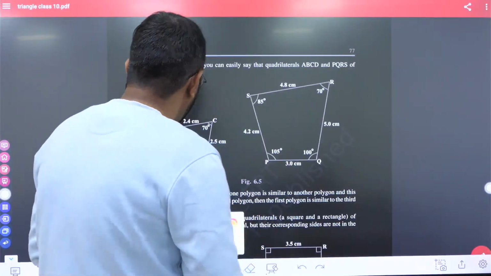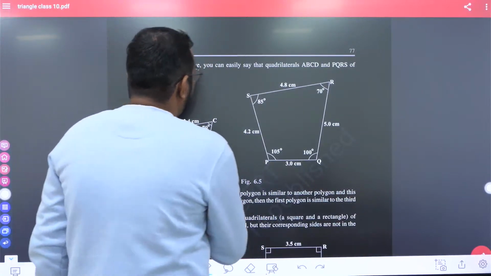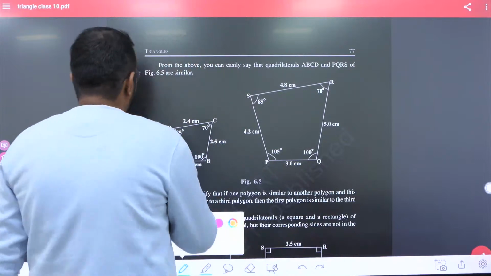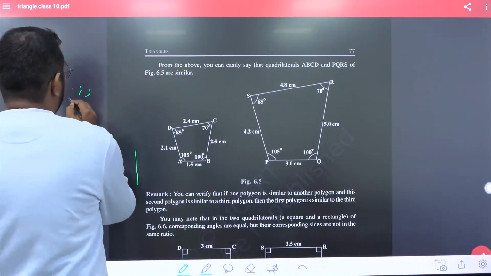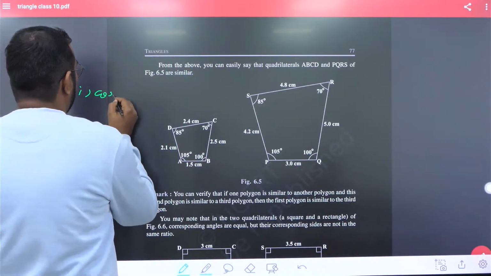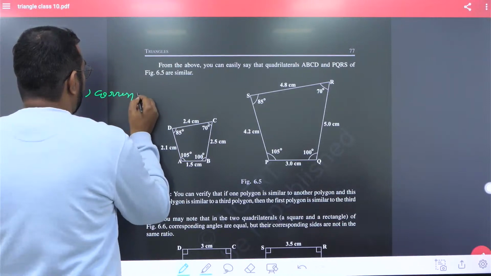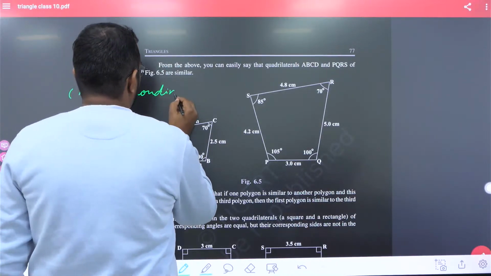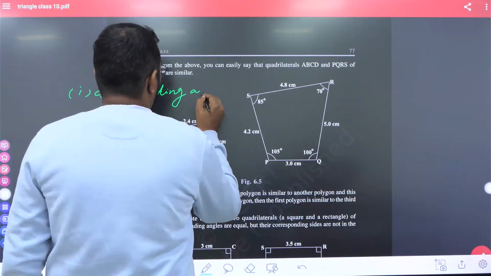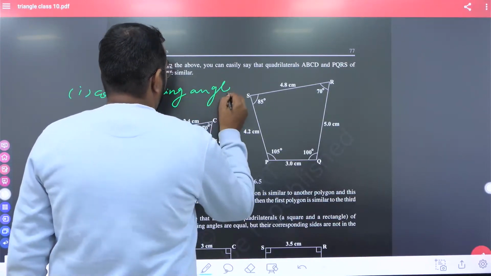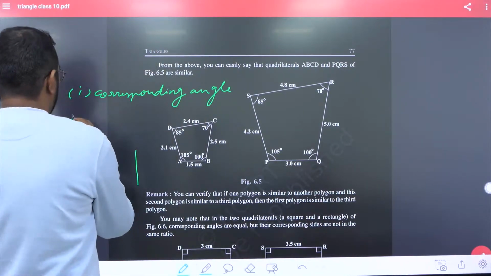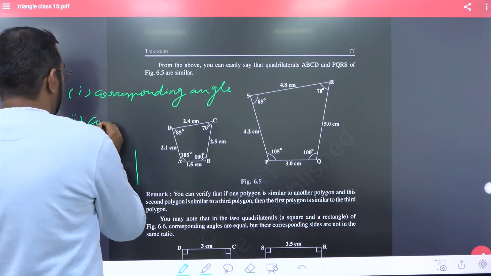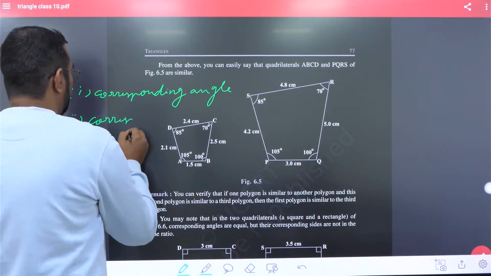So first of all we will search for two things: corresponding angles and corresponding sides.